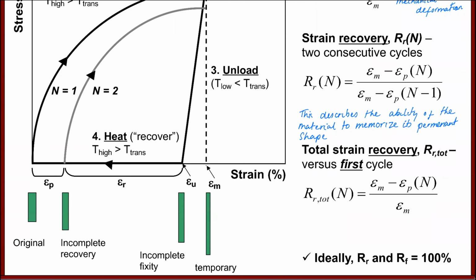And then we can also measure the total strain recovery in the different cycles. So we can run the cycles and see how it compares to its first cycle. N is the cycle number for this.